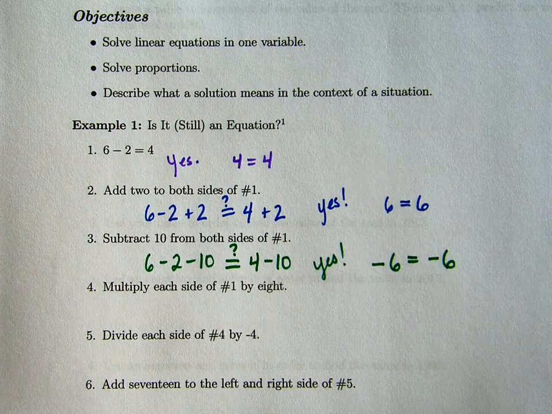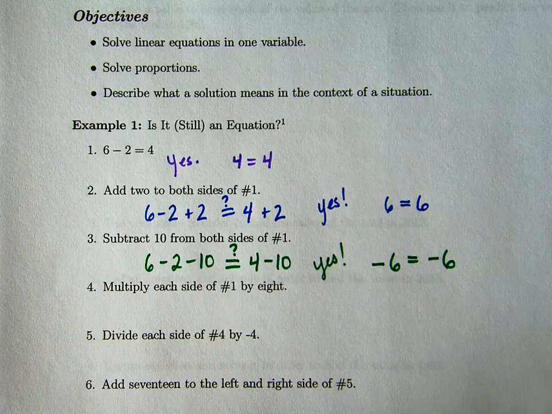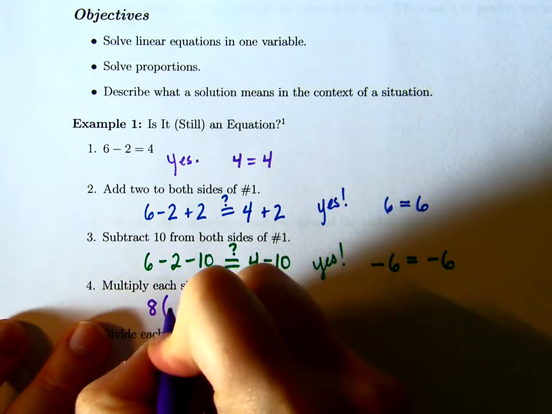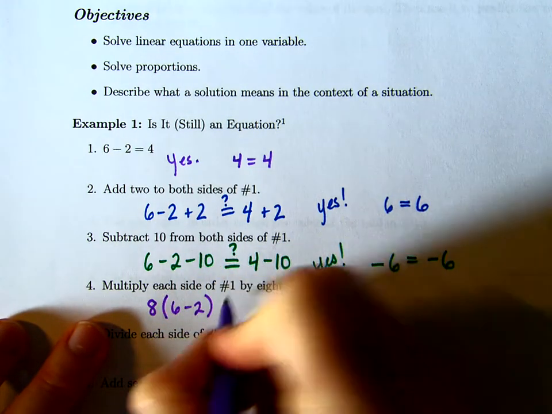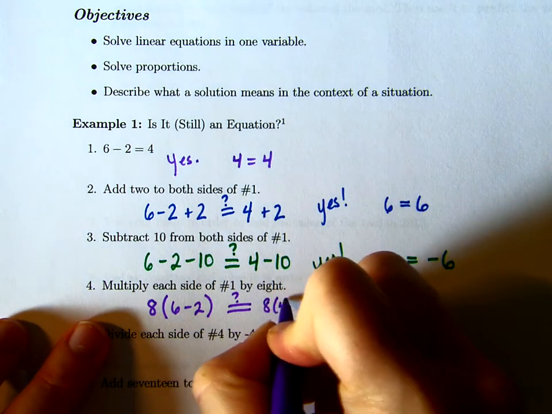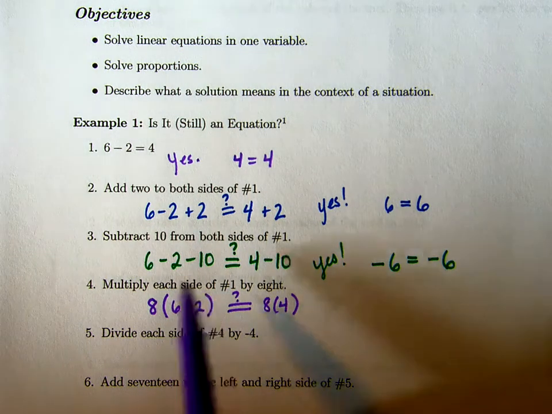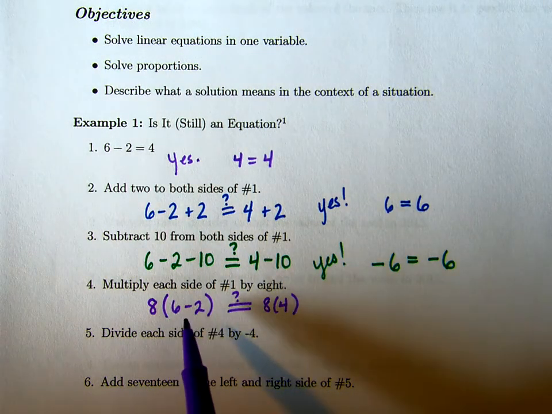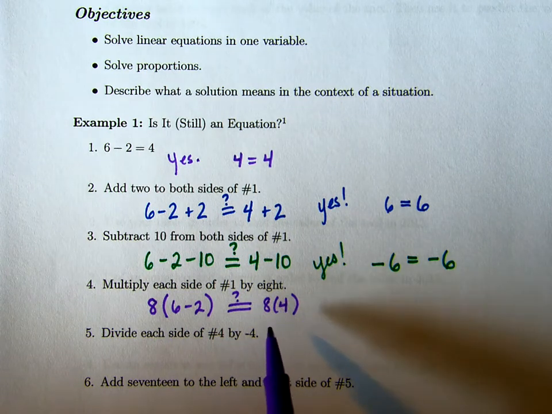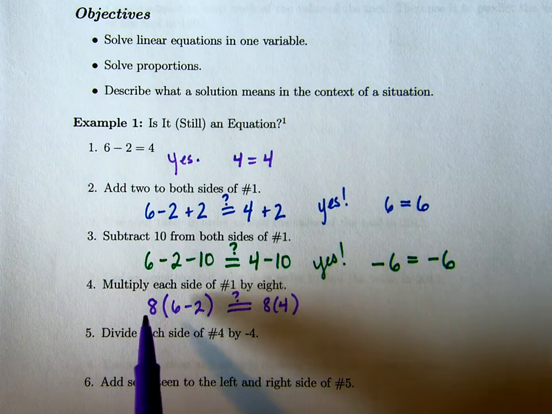Multiply each side of number 1 by 8. That would look like 8 times 6 take away 2. And the question is, does that equal 8 times 4? The answer is yes, because by order of operations, we do the parentheses first: 6 take away 2 is 4, and 8 times 4 is 32.